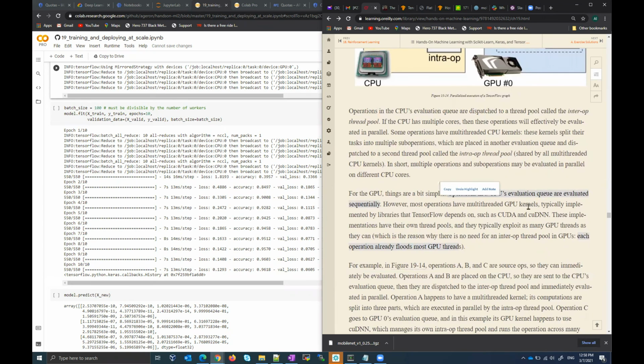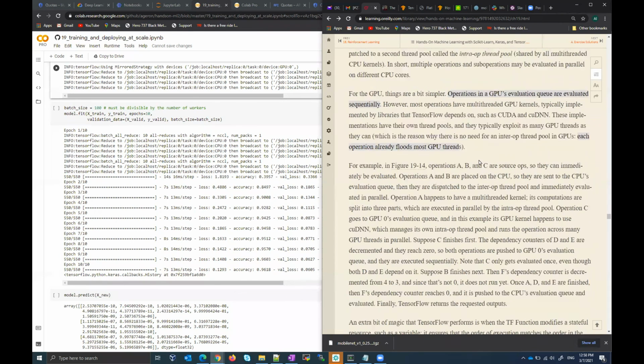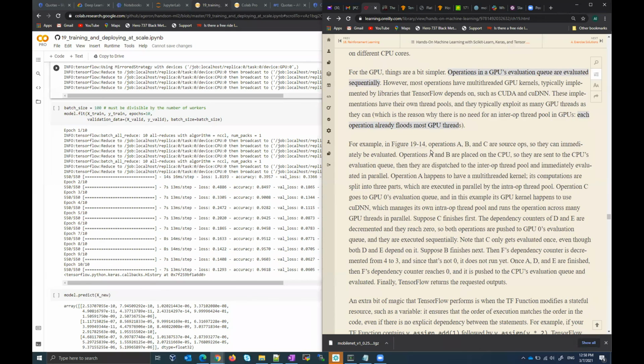Operations on the GPUs are sequential, but they are actually massively parallel once they are running. And he was saying that the GPU is mostly busy most of the time, so there is no concern of the operations being serialized.